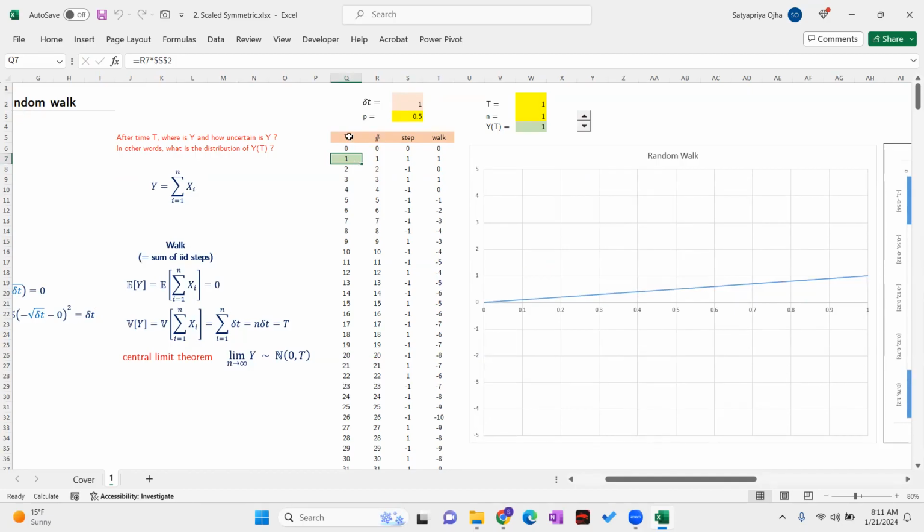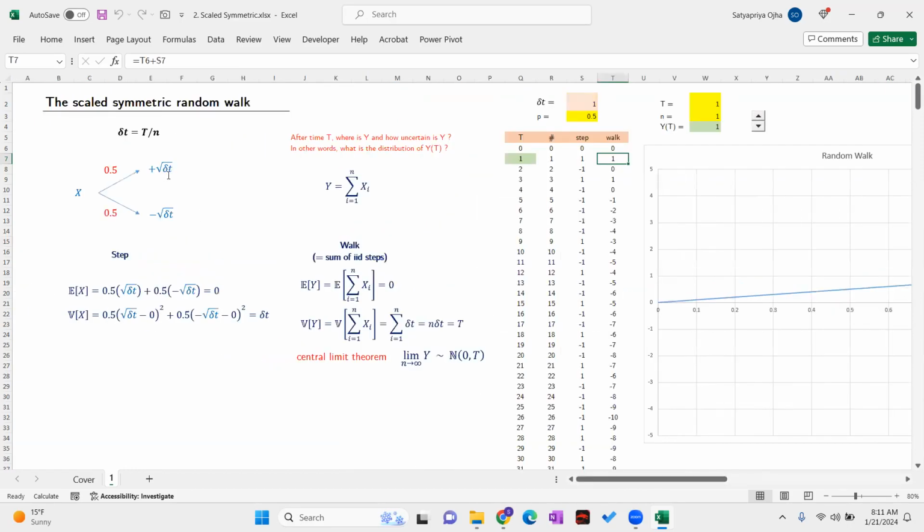So I'll keep capital T equal to 1 fixed. I'll change the number of steps. Right now it is just 1 step. I'm going from 0 to 1 year in one single jump. The walk can be either +1 or -1 because if you keep t as 1 and n as 1, delta t is also 1, and this again becomes the simple symmetric random walk. But I will change n.